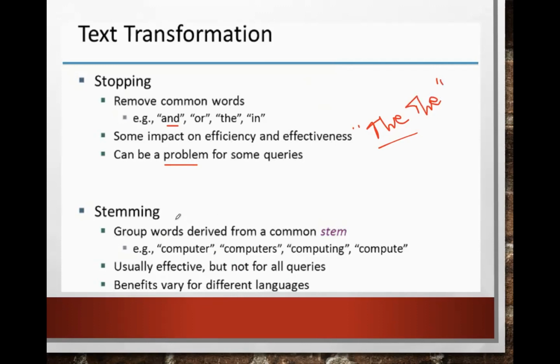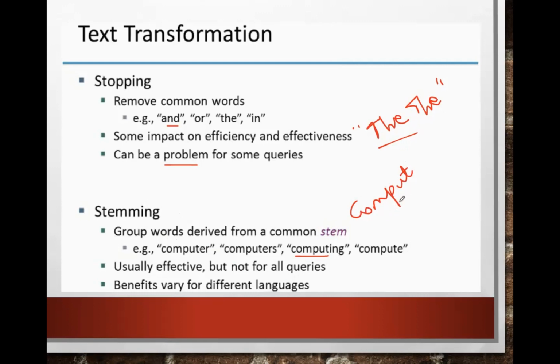Next we have stemming. We usually transform words into a canonical form to group words having a common stem. If you take words like computer, computers, computing, all of them will be transformed into a single word, compute. So these words are transformed into the canonical form compute.